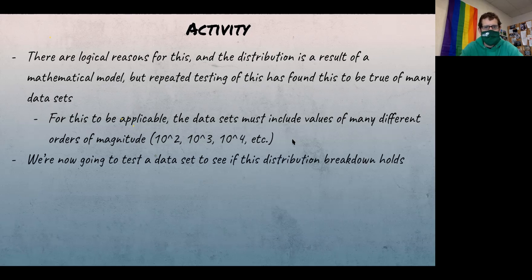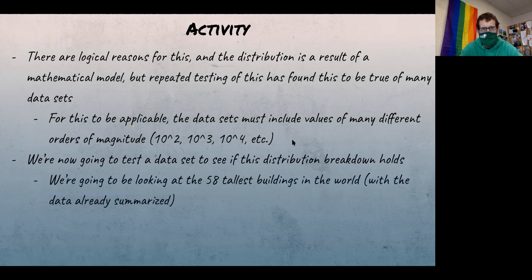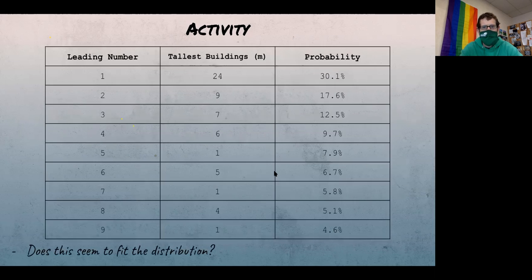And we're going to look at a data set to see if this distribution holds. We're going to be looking at the 58 tallest buildings in the world with the data already summarized. I looked these numbers up myself just because I wanted to see if this worked.